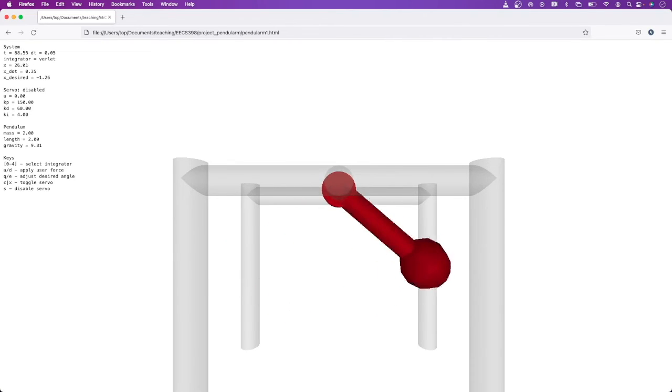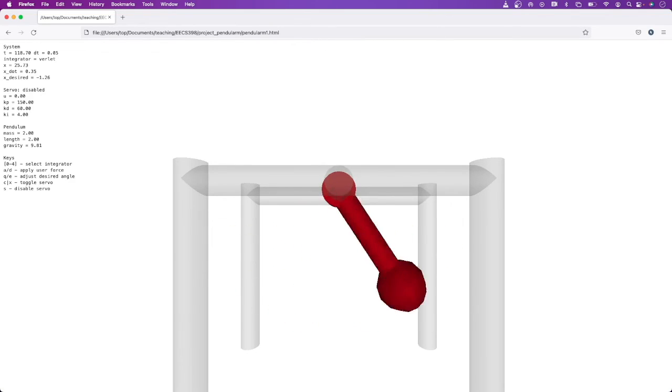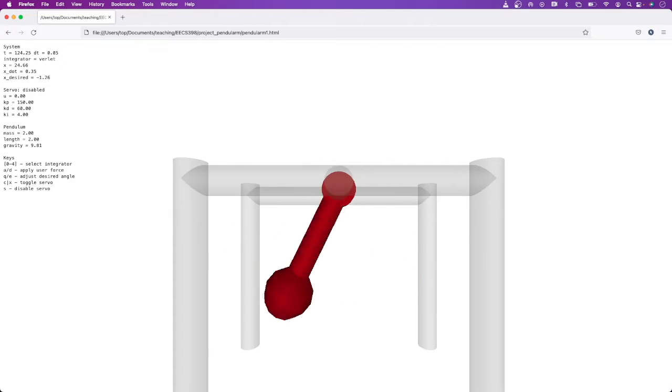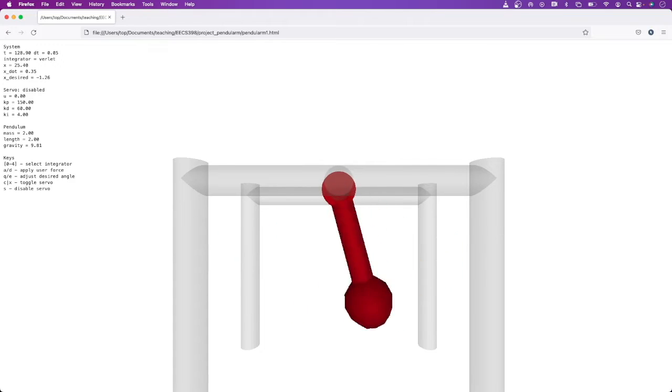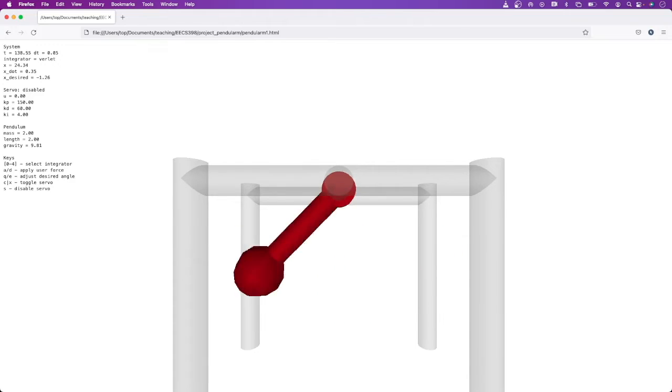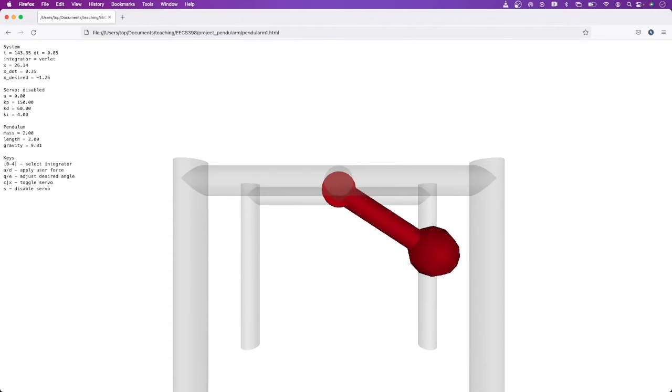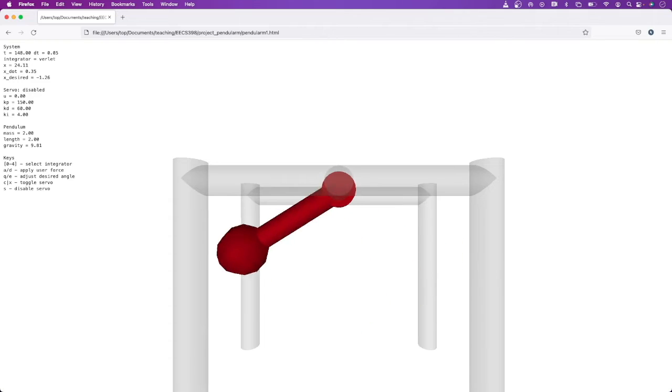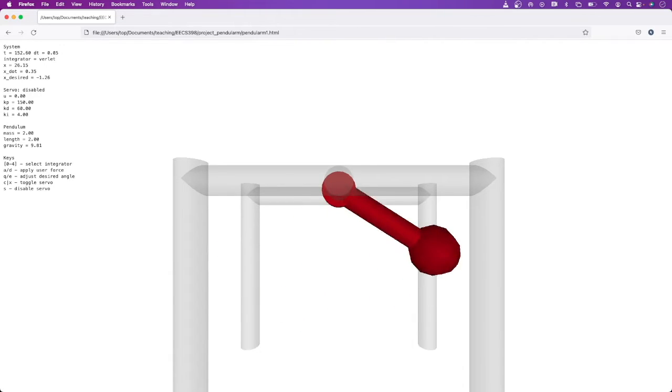In this case, there's a substantial difference from the behavior that we were seeing when the Euler integrator was running. That difference is that currently the pendulum is not devolving into that unstable state, right? Another way of saying that is that with this integrator, it appears that the conservation of energy is being held.